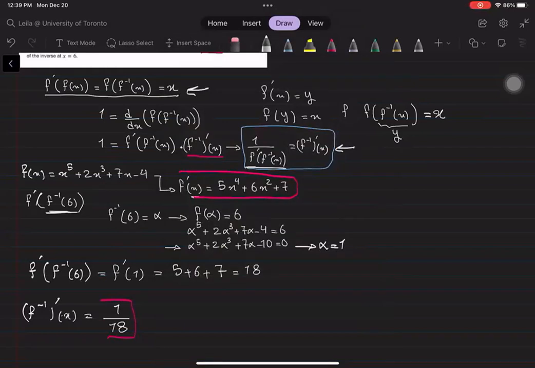Okay, then. It's not a rule. You can take the derivative from both sides.